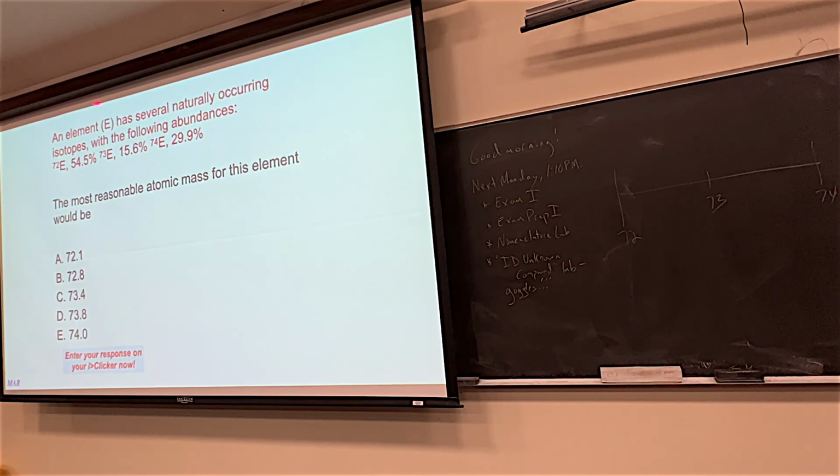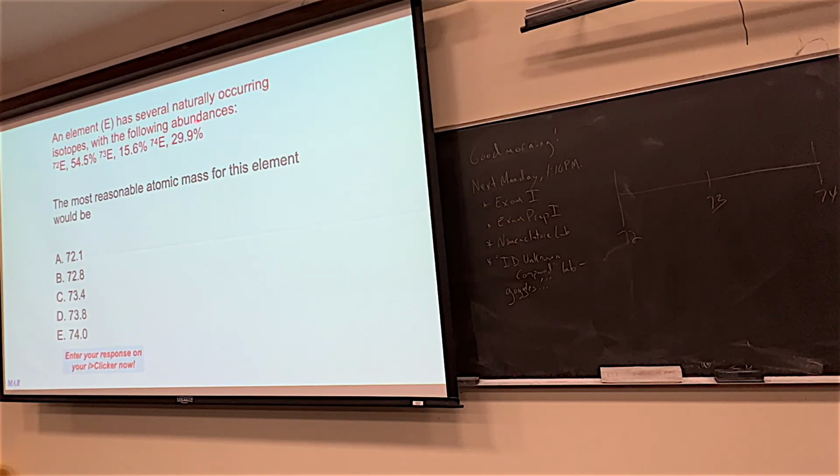If you had close to 100% 72, then the average value, which is what the atomic mass or atomic weight is, would be really, really close to 72. If you had almost 100% 74, then the average would be definitely closer to 74.